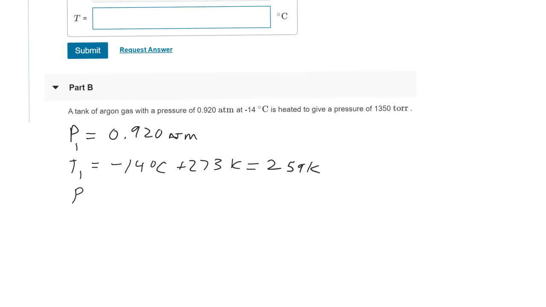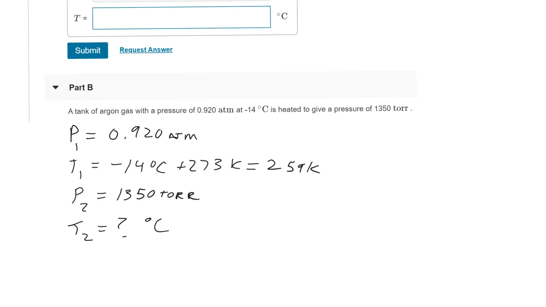They then give you a second pressure. We're wanting to solve for our second temperature in Celsius. For the first time, we do have a little bit of a problem here, and that problem comes from the fact that we have different units of pressure. It doesn't matter which way you go.